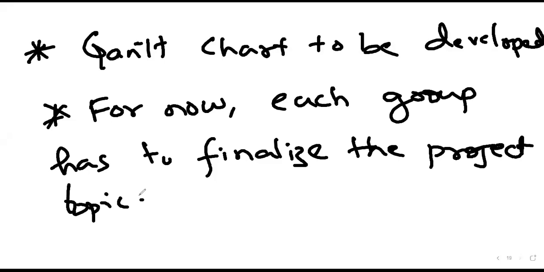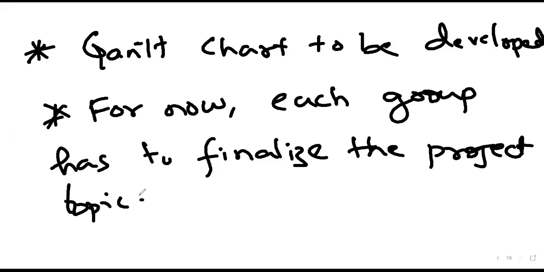Am I clear in what I'm saying? Now each of the groups has to select one topic. Now this topic can be anything in your interested areas. It can be advertising, like for example, selecting celebrities, advertising the product, or it can be developing a software application.